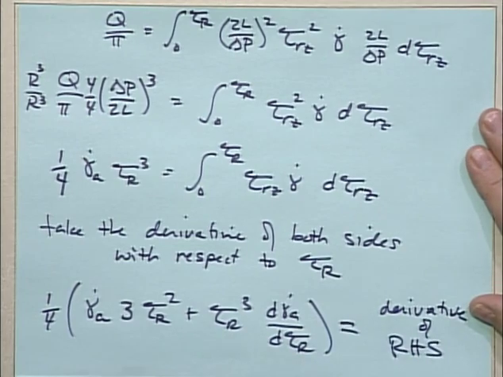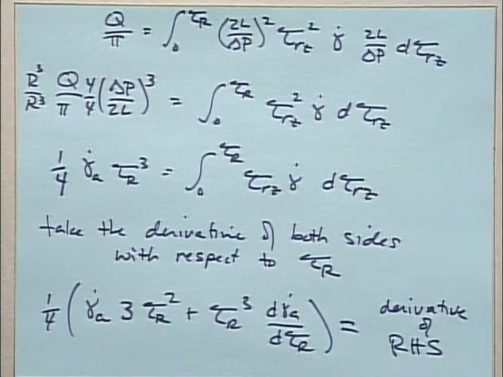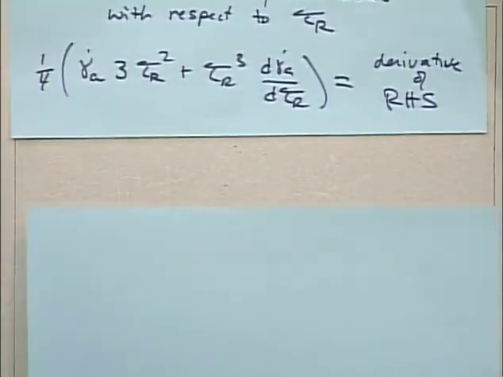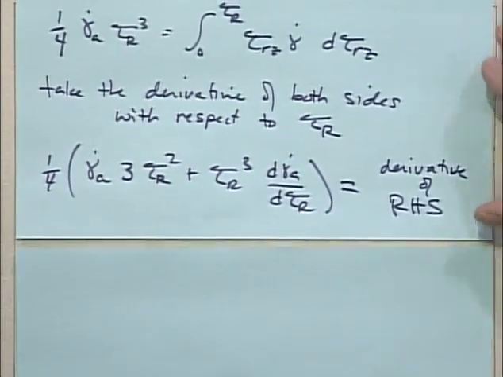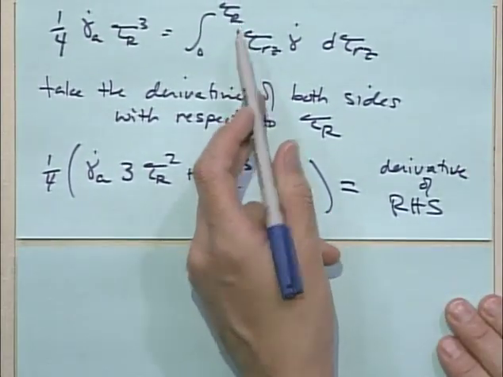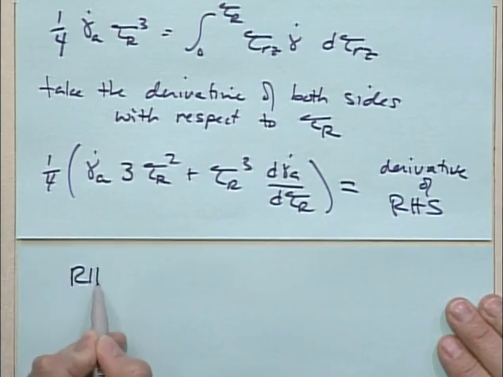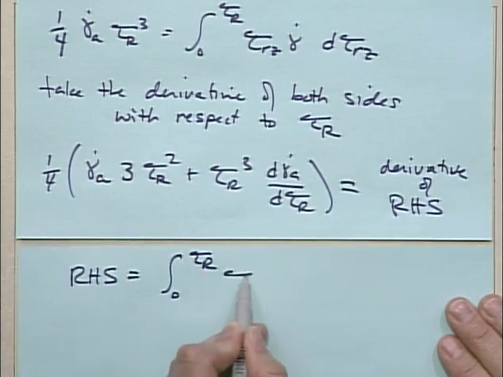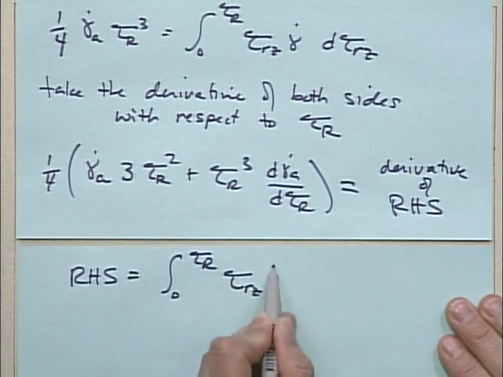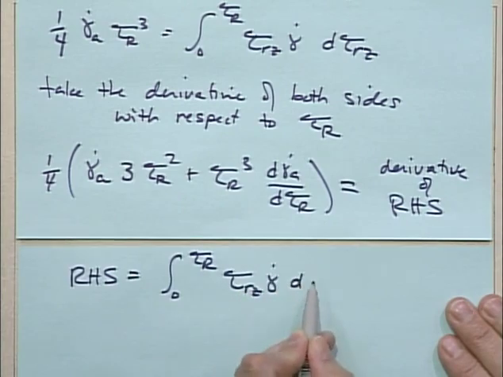So this is the left-hand side, and that's equal to the derivative of the right-hand side. The right-hand side is only a function of tau r in the limits. Everything that's inside the integral is essentially a dummy variable, right?